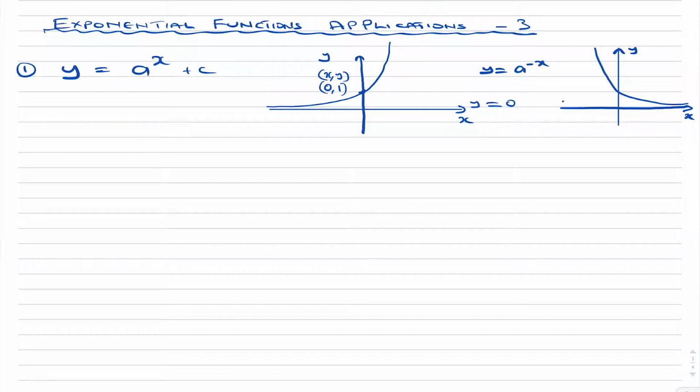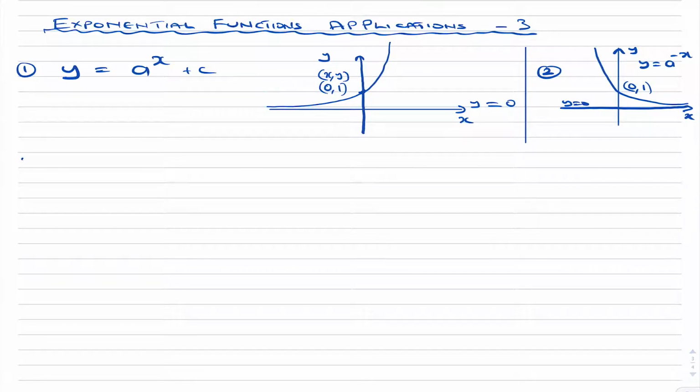And this line again is y equals 0, and this is 0, 1. Let me just put that graph on this side. So that's y equals a to the power of minus x. That's the number 2 graph that you need to remember. So that's number 1 and that's number 2.